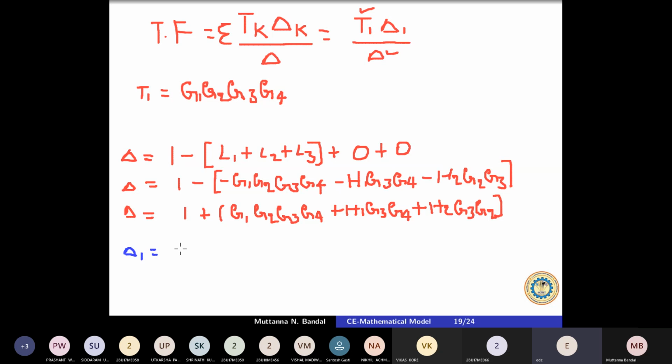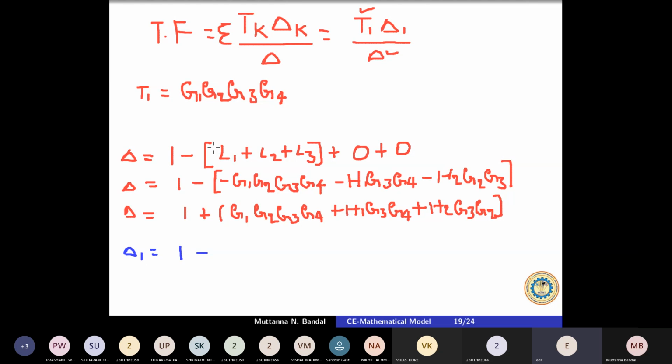Delta 1 is 1 minus, so here what I have to check is the things here. The determinant is already there, and from the determinant I have to derive this delta 1.